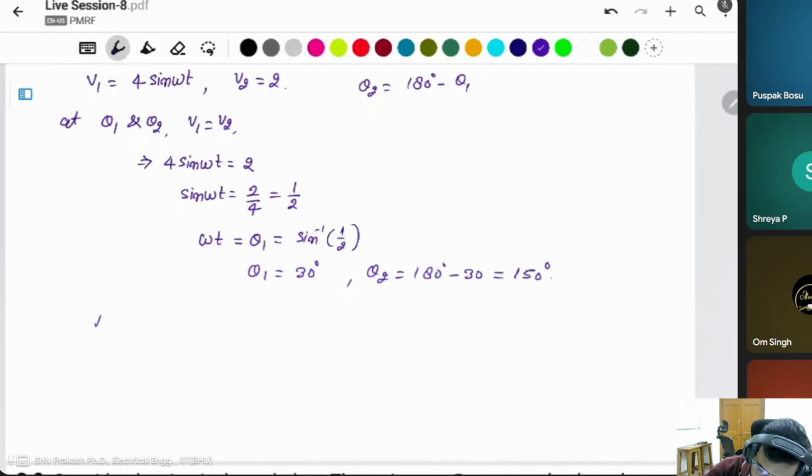Then what is the duty cycle? Theta 2 minus theta 1 divided by your total time, or total angle.